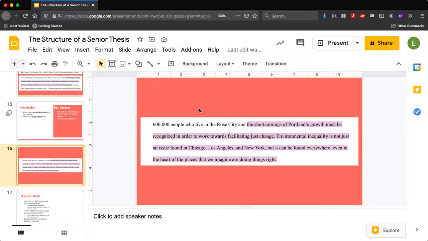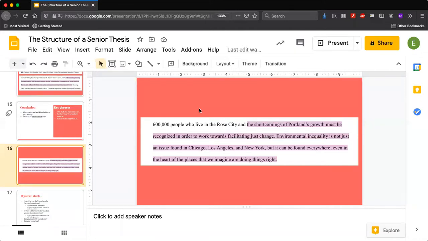So as we discussed earlier, and as the student established in their introduction, many people consider Portland to be a great place in terms of environmental policy, but as the student's essay looked at, not only are there some pollution problems, but these pollution problems tend to affect minorities the most, right?